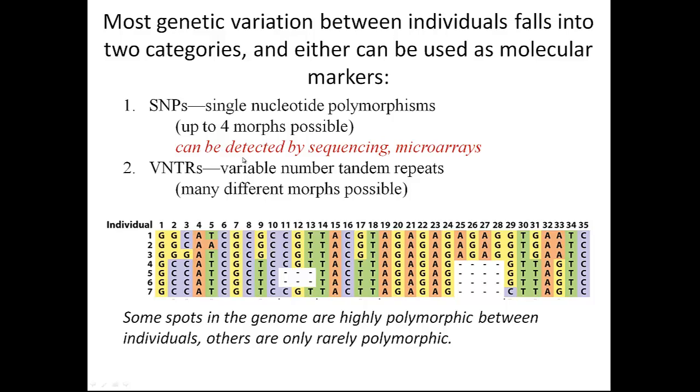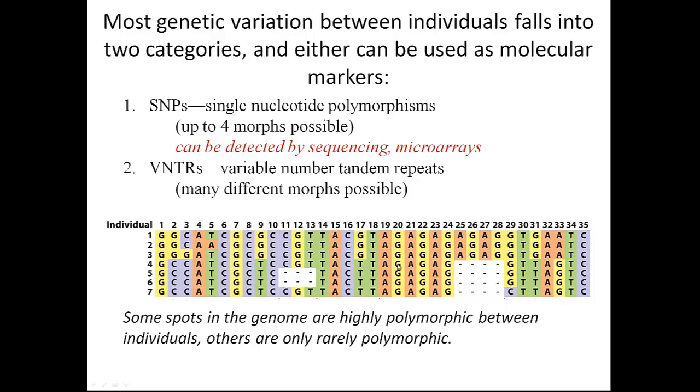For VNTRs, here's an example down here at position 25. So you see that there's a repetitive region in this sequence. There's an AG, AG, AG. And what you see here is that 3 of the individuals have additional repeats of the AG, whereas 3 of them did not have those additional 2 repeats, and so we just stretched out the sequence there so that everything else would line up.